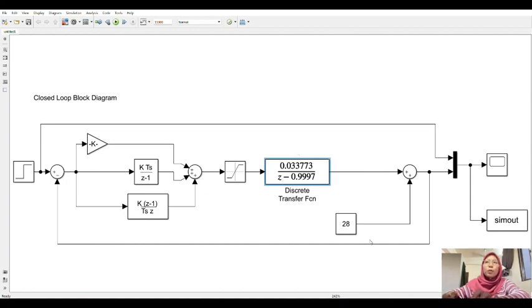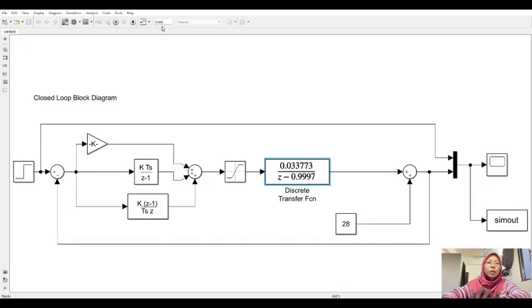So we run, and also we use this as 11000. So this is already done.